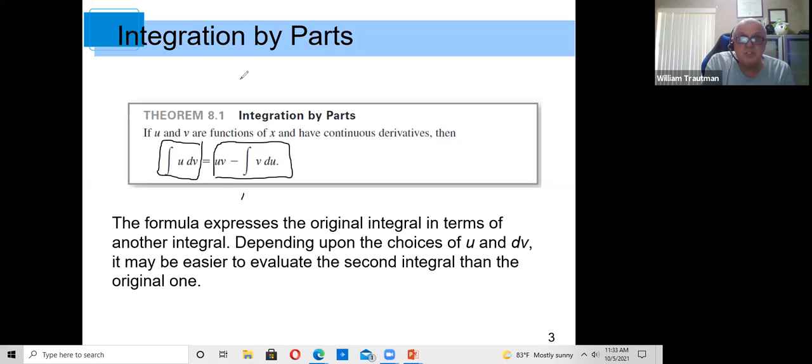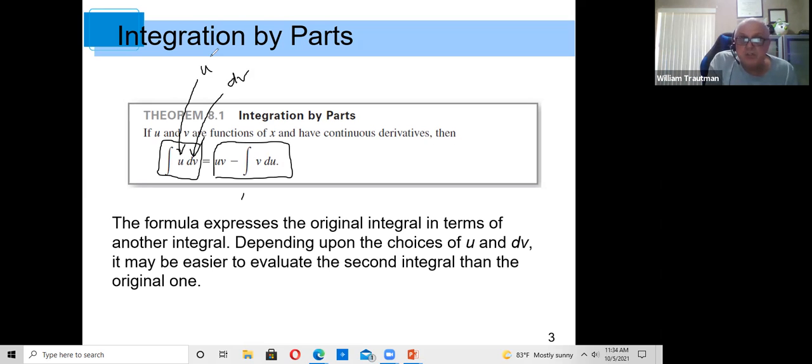So what you have to do is clarify, okay, I have a u, but then whatever's left over, you say is dv. So you declare something as u, but then what's left over is dv.